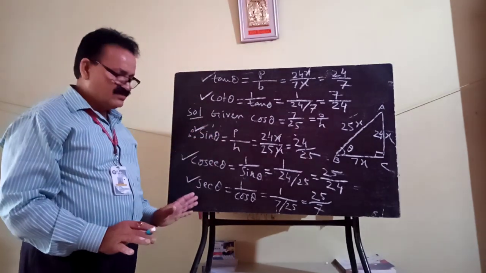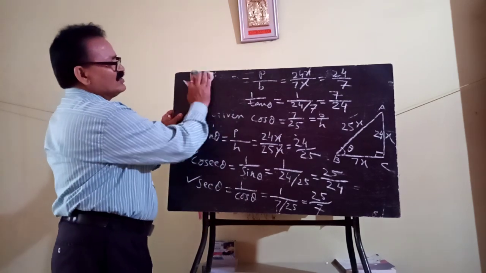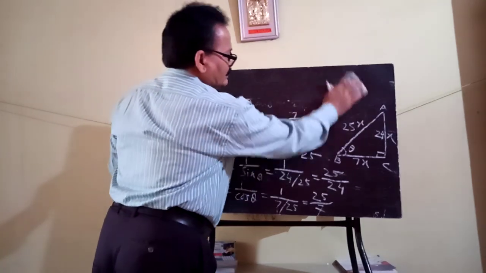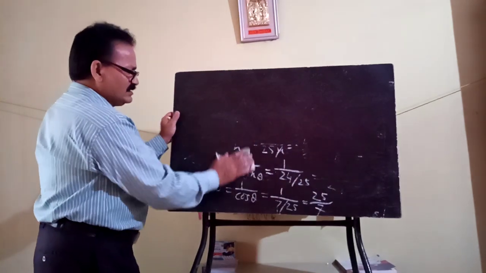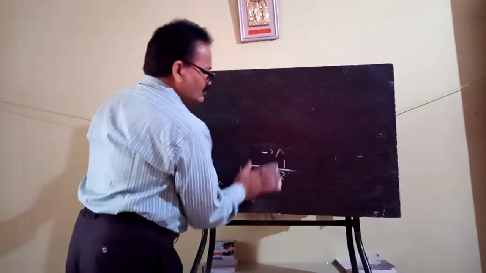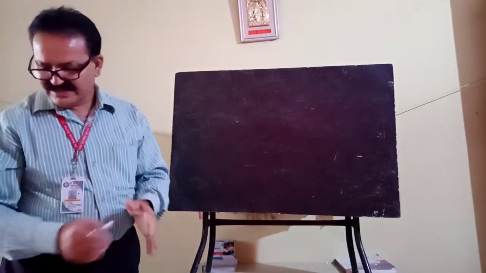Clear? Okay, you have got it. Now I have to remove it for solving other questions also. This is the introductory question so that you can use the formula properly.